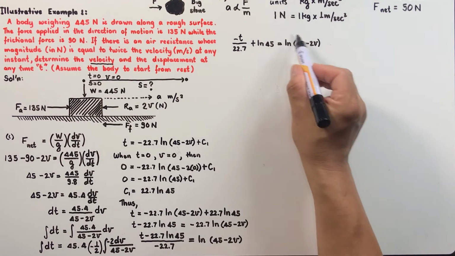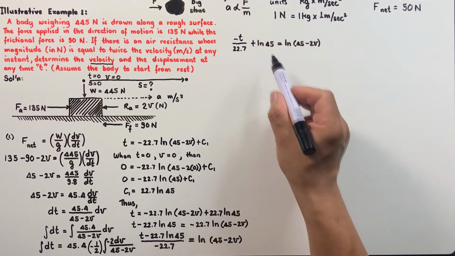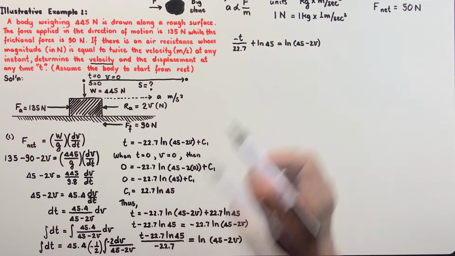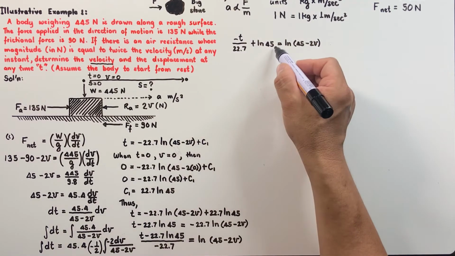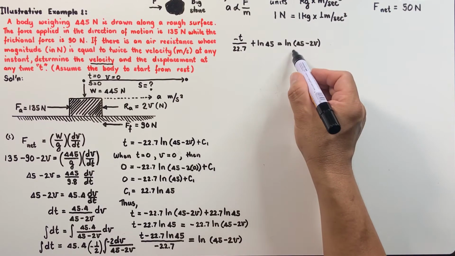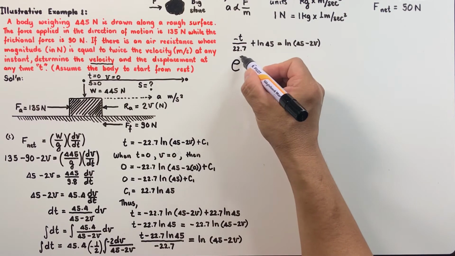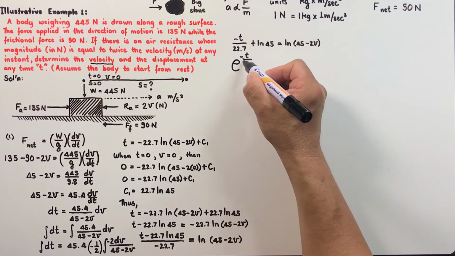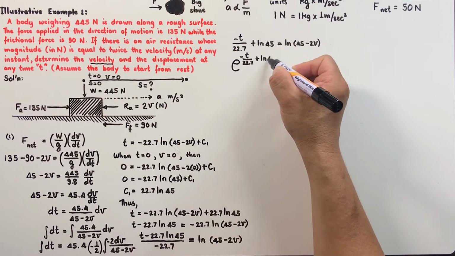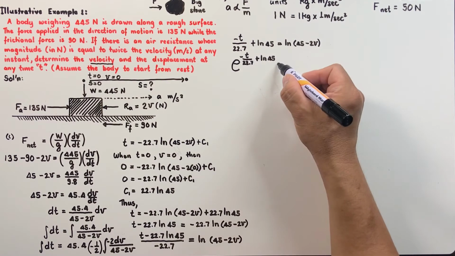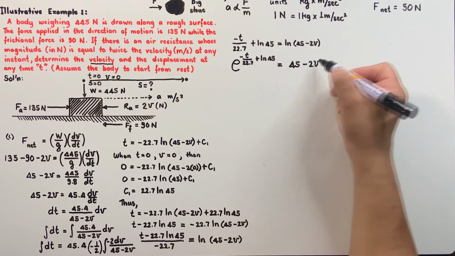Now you notice that this is a logarithmic equation, but we can express this one to its equivalent exponential notation by taking this whole left side of the equation as the exponent of the base e. So e is raised to the exponent of negative t over 22.7 plus the natural log of 45, which is equal to 45 minus 2v.